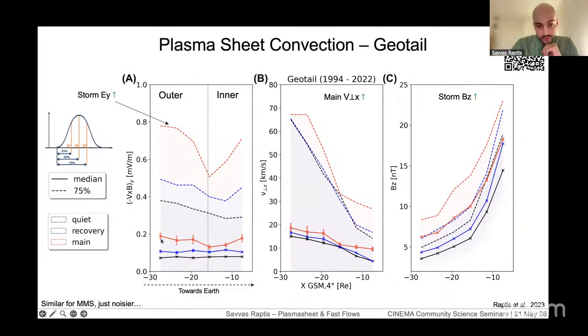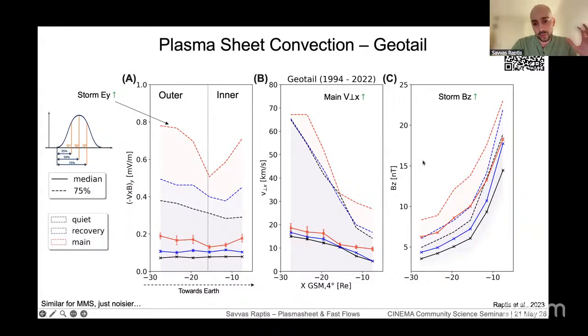And this elevation is shown more in the main phase of the storm, and it is attributed mostly to the elevated magnetic field that you can see on panel C, and less to the elevation of velocity, which is slightly higher during storm time, but not significantly compared to the magnetic field.